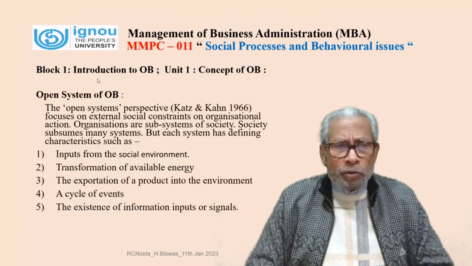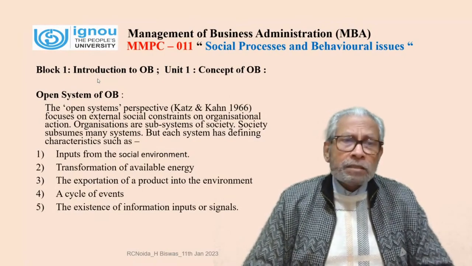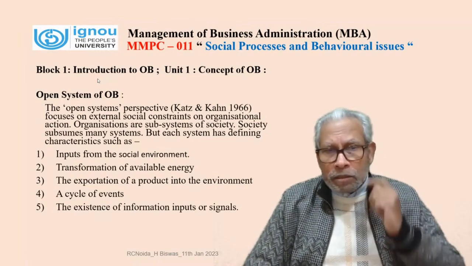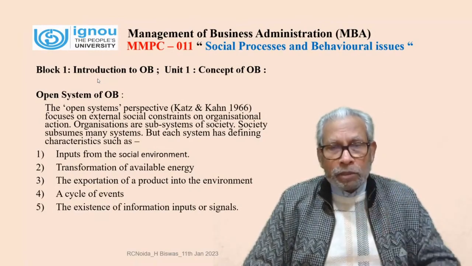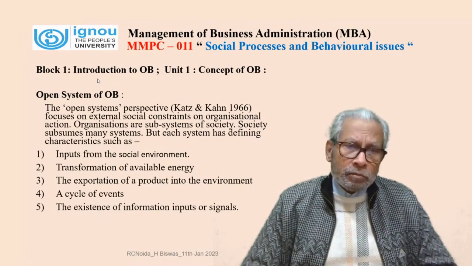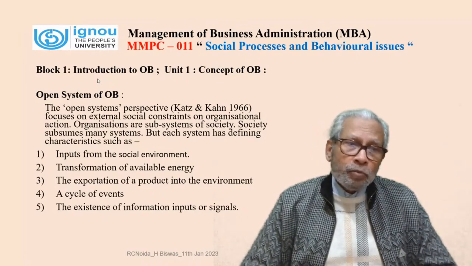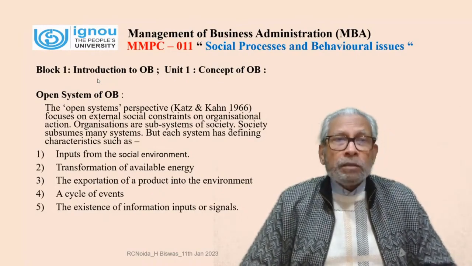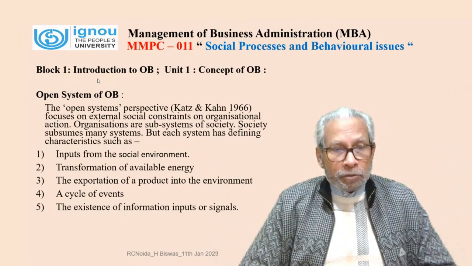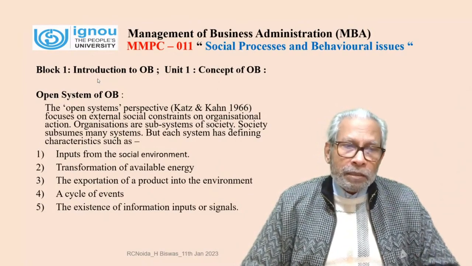Now, open systems of OB. The open system perception focuses on the external social constraints on organizational action. Organizations are subsystems of society, and society subsumes many systems, but each system has defining characteristics such as inputs from the social environment, transformation of the available energy, the export of a product into the environment, and a cycle of events.